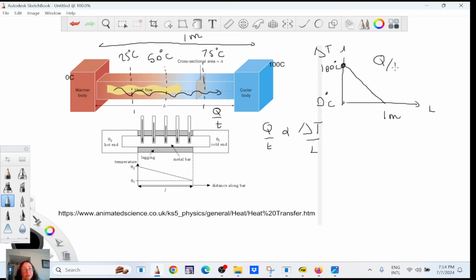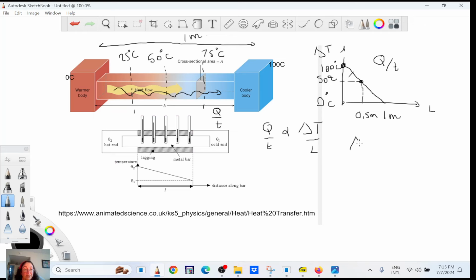So Q over T is going to be proportional to the slope. At 0.5 meters it's going to be 50 degrees Celsius, as long as the flow stays the same because it doesn't leak out anywhere. So there is a conservation of heat from here to there.